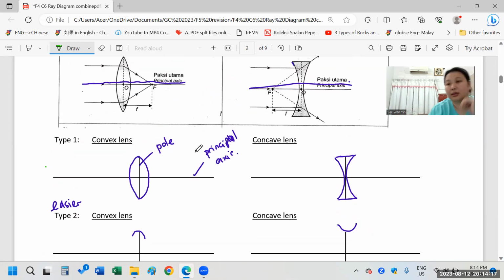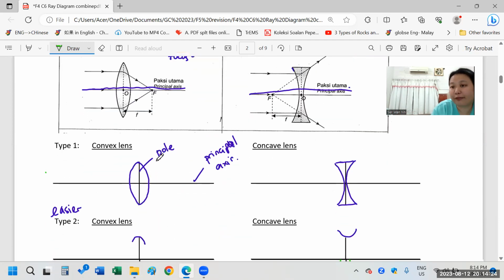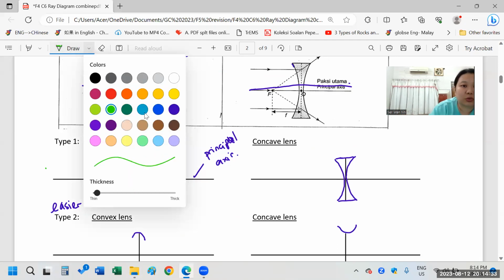Then don't forget, we need to draw the F and 2F. Please use your ruler, measure any two distances as long as equal.